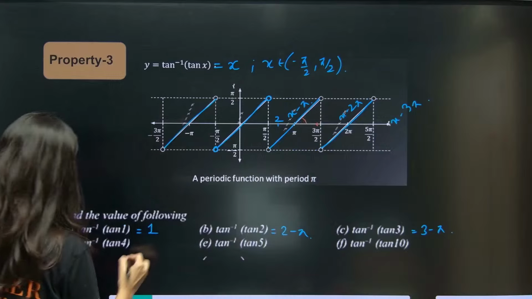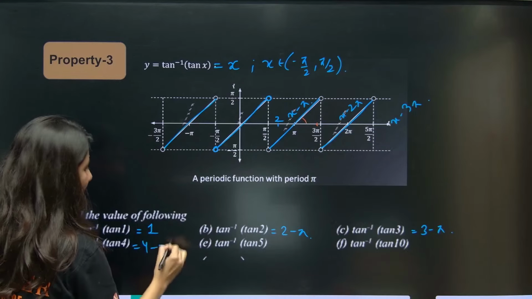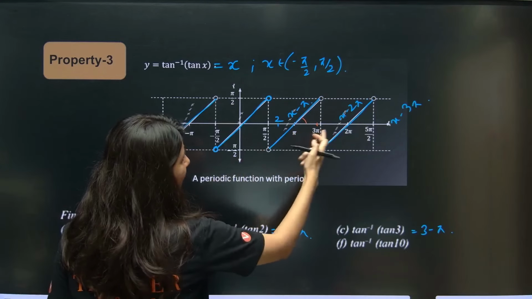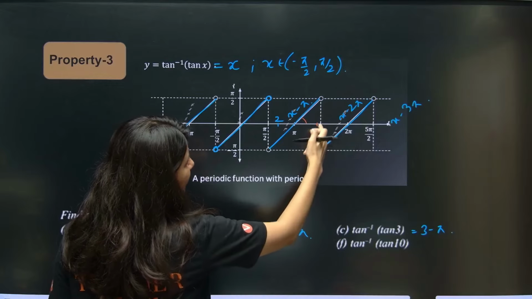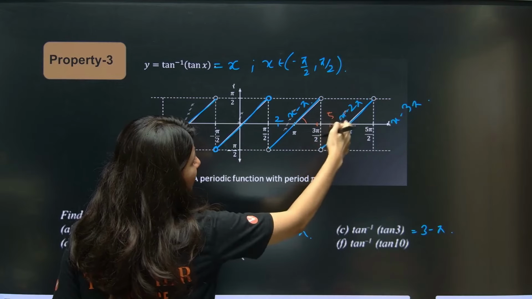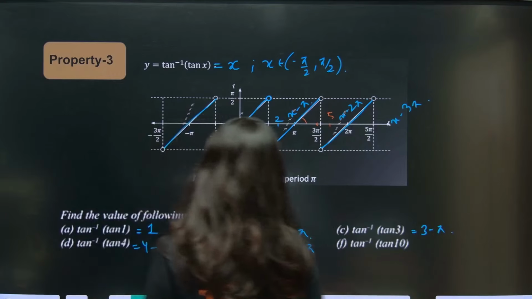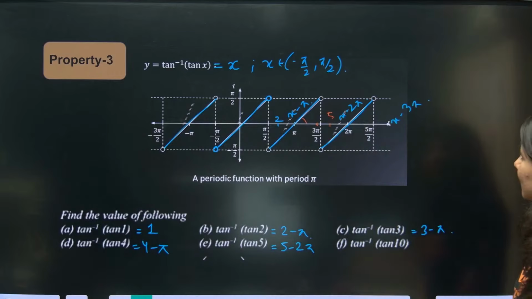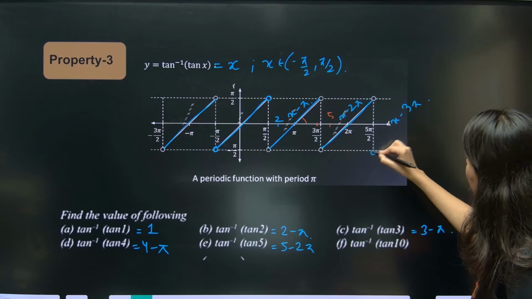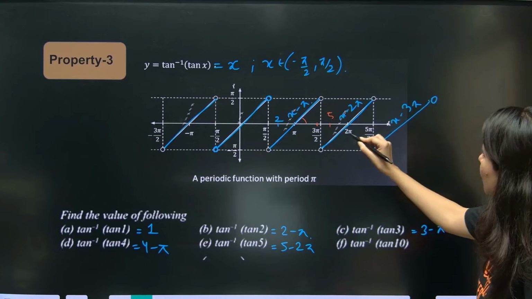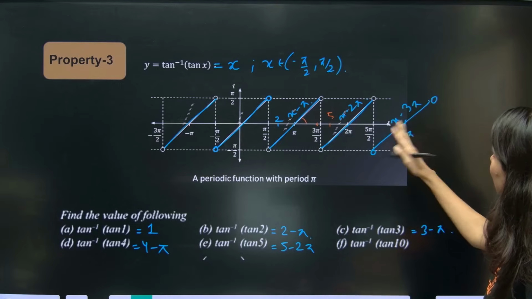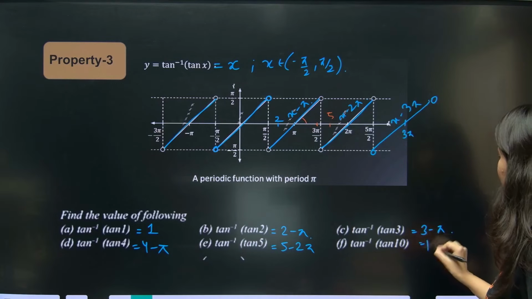So again 4 minus pi. Where is 5? 5 is somewhere over here. See, this is 4.5. 5 will be here. So x minus 2 pi, 5 minus 2 pi. And where will 10 be? If you draw 2 pi, it will become 3 pi. So 10 will be around this. 10 minus 3 pi.